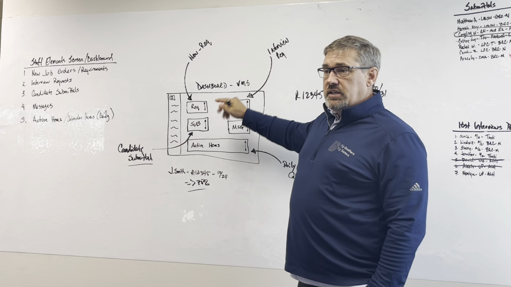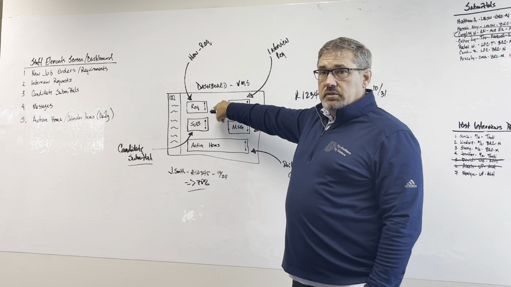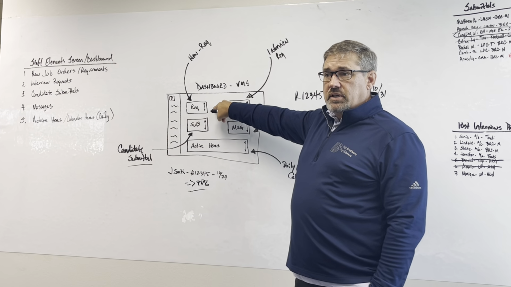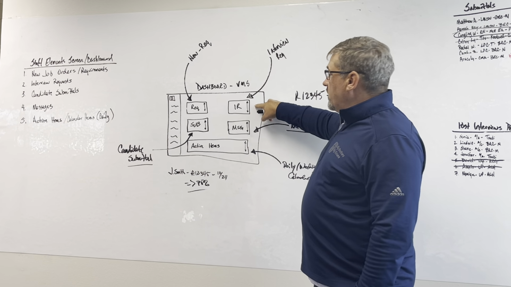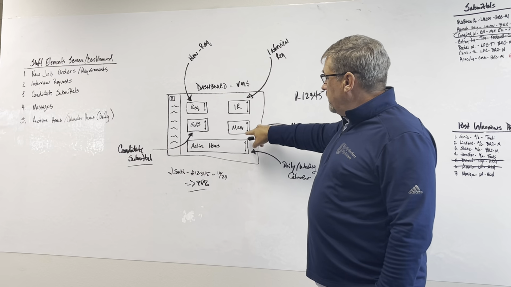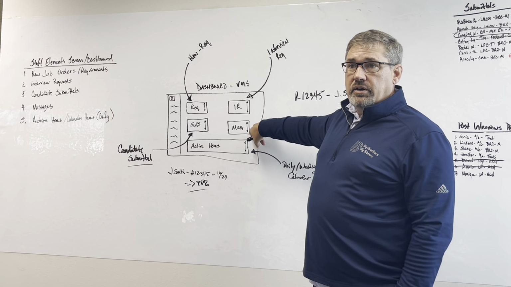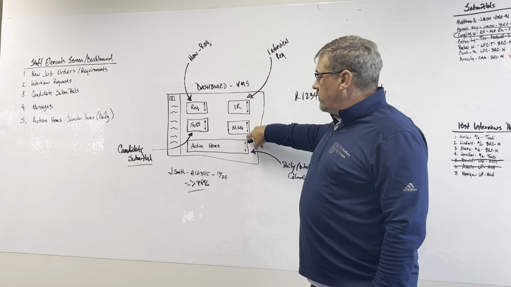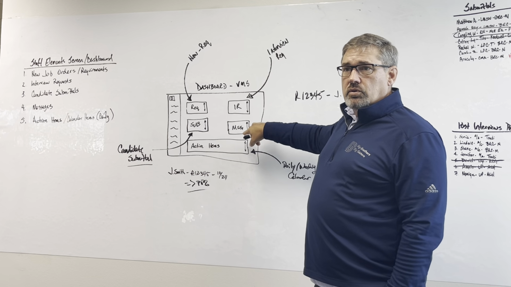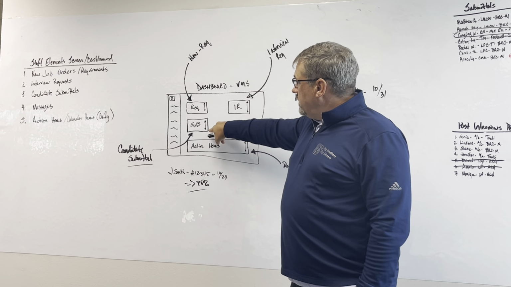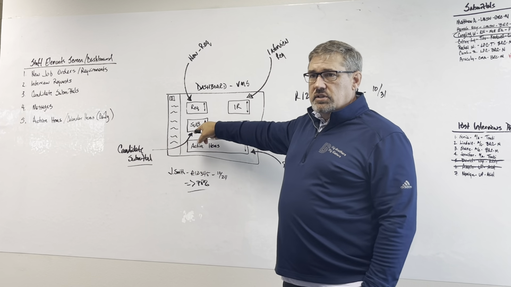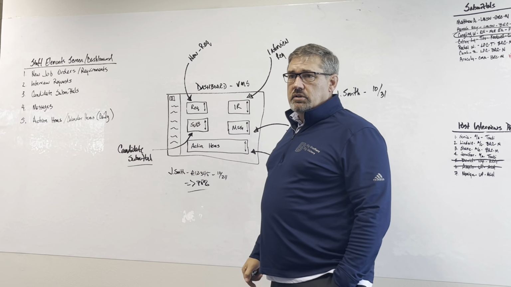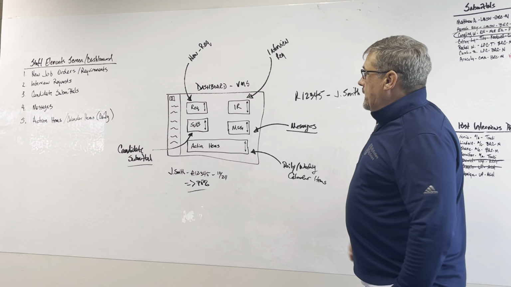They're gonna see their requirements that have any activity taking place on them. They'll have their interview request box. They'll have any messages within their team or from the VMS office, or right here, this candidate submittal list. These are all the most recent submittals that are pending, okay?